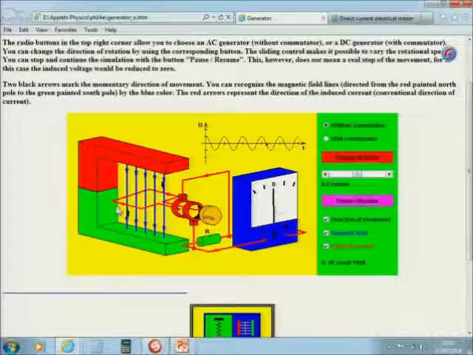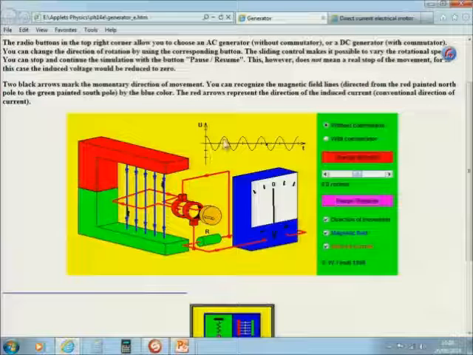The reason for that is that of the three things in the dynamo rule, at that moment two of them are parallel. So then the third one will be 0. Whenever two of them are parallel, you won't have the third one induced, which in this case is current. So at that moment my potential difference which is induced is 0, my current is 0. So at certain moments I've got maximums and minimums.